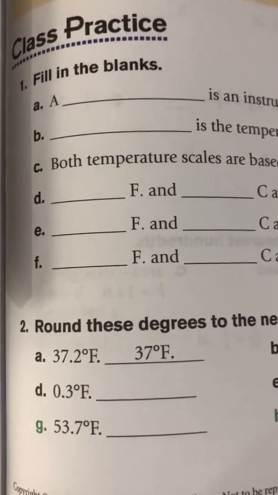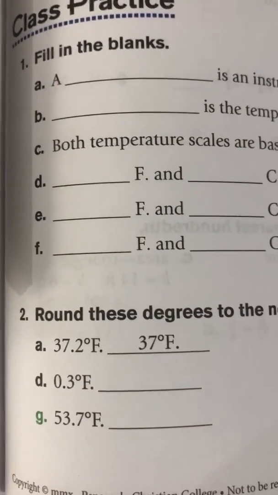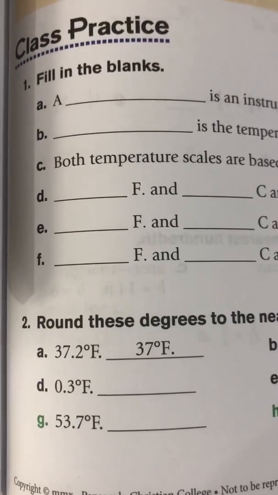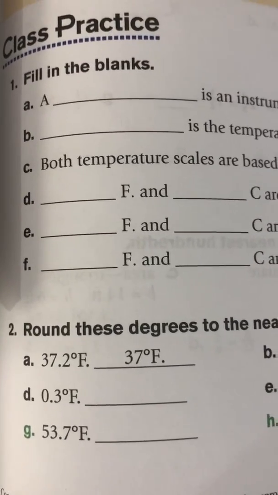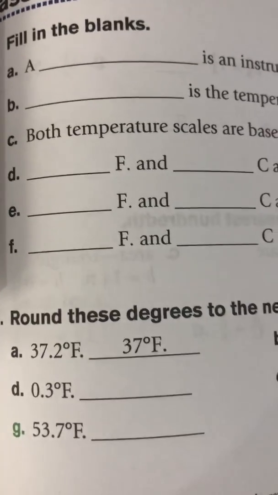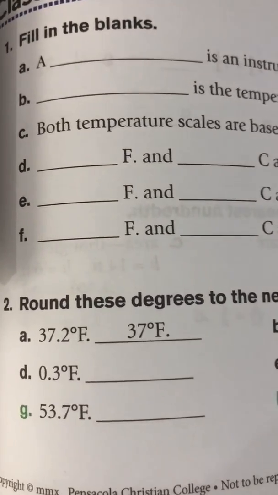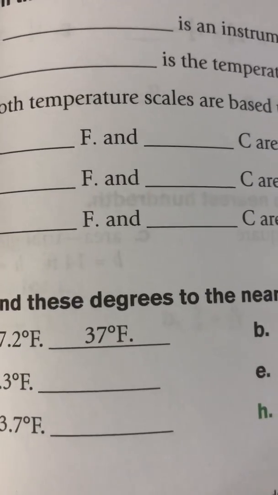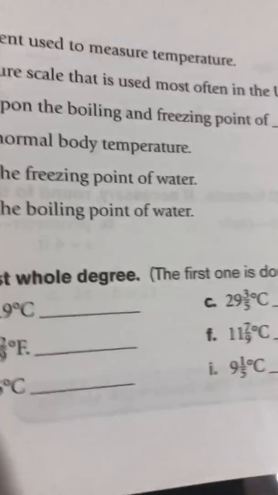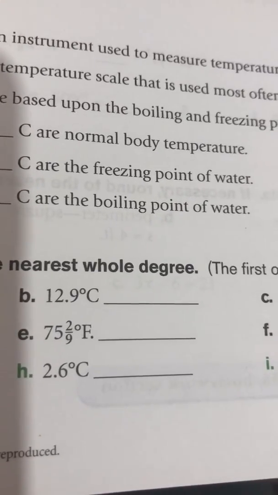So they gave us 37.2 degrees Fahrenheit. So we remember if it's 0 to 4, we leave it. If it's 5 to 9, we round up. So we have 0.2. So that's going to stay 37 degrees Fahrenheit. Now don't forget your little degree symbol in Fahrenheit. All right, B, 12.9 degrees Celsius.